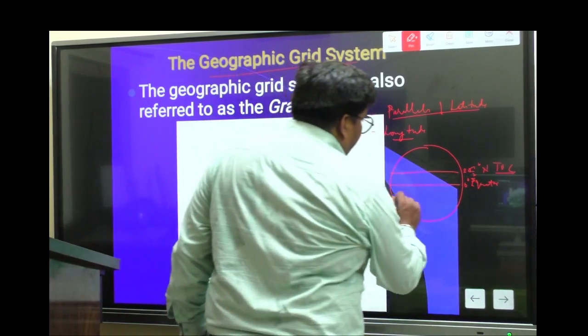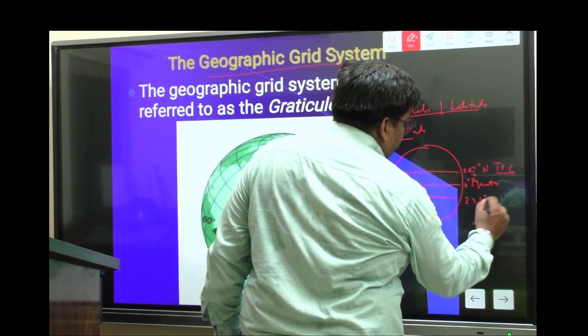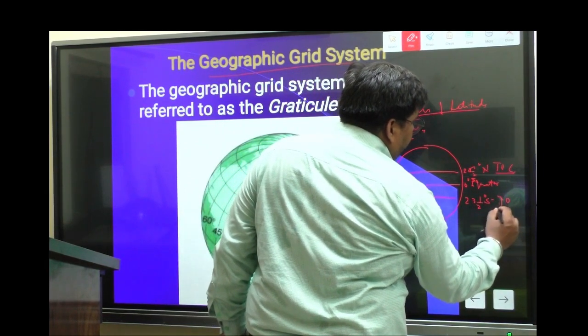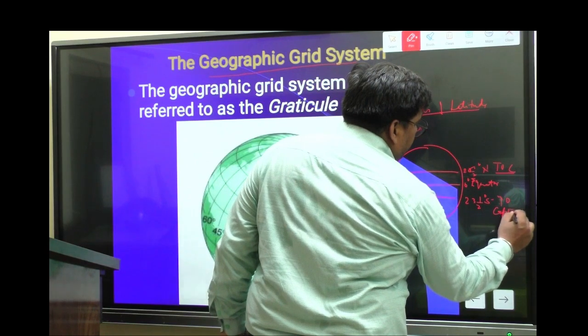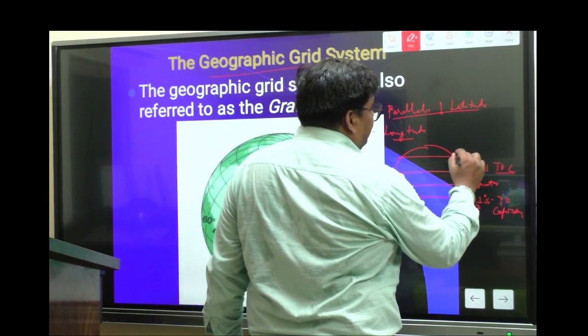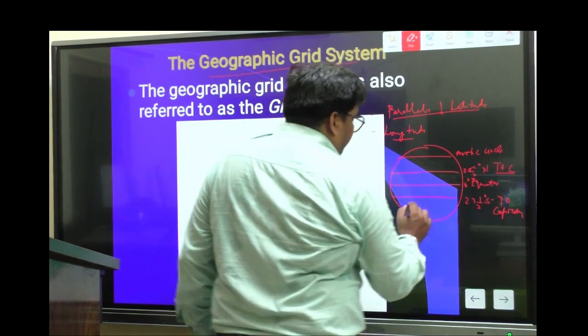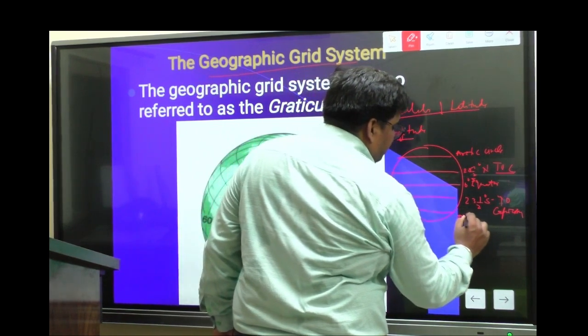Then you have 23.5 degree south, that is the Tropic of Capricorn. Then you have the Arctic Circle. Then you have the Antarctic Circle.